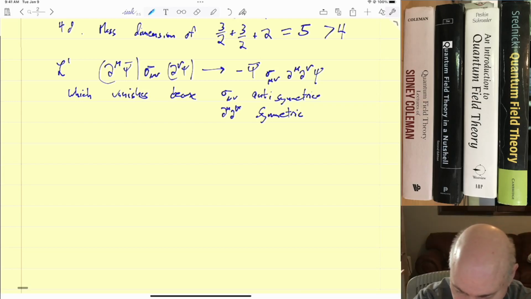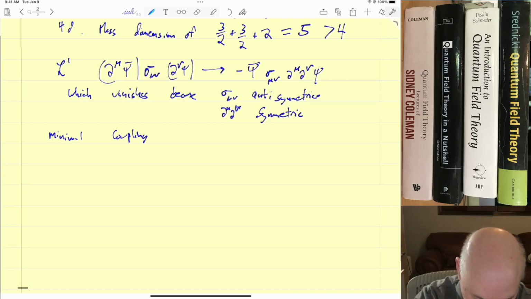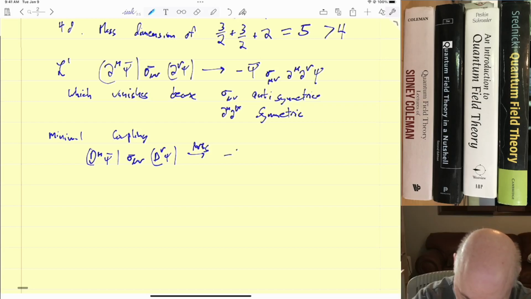But let's say we take this term that vanishes and we apply minimal coupling. Then we get D mu psi bar sigma mu nu D nu psi. And again, by integration by parts, we're going to get minus psi bar sigma mu nu D mu D nu psi.